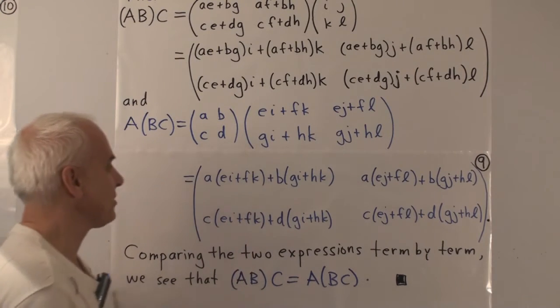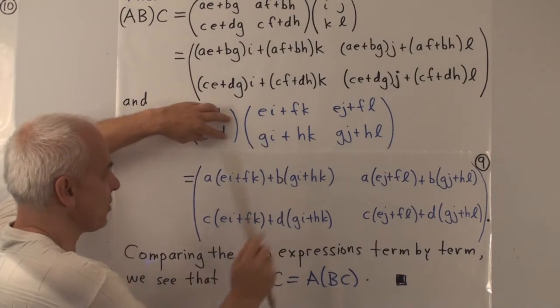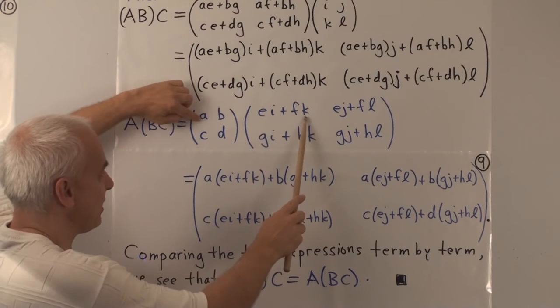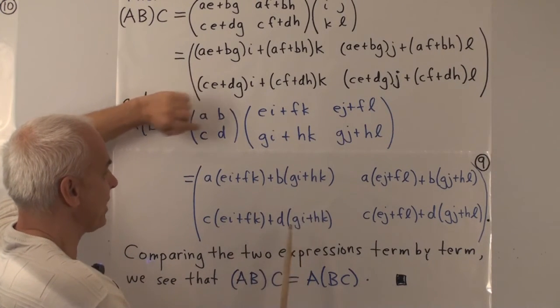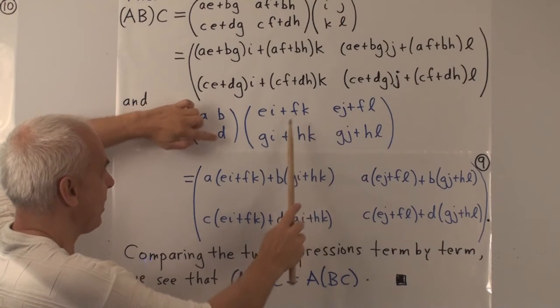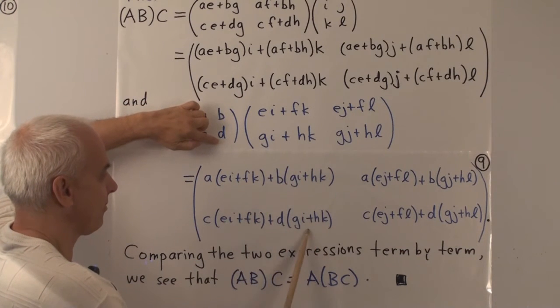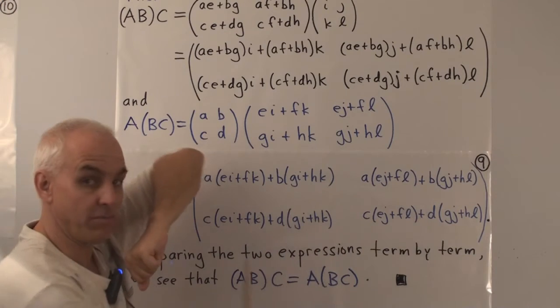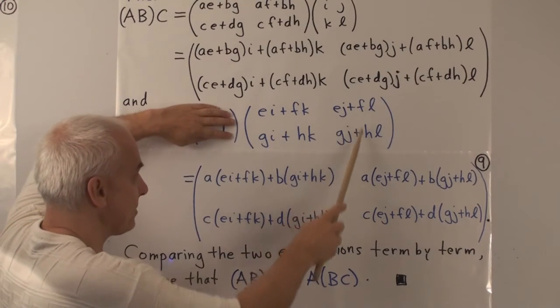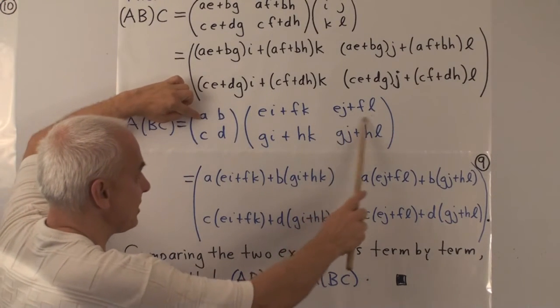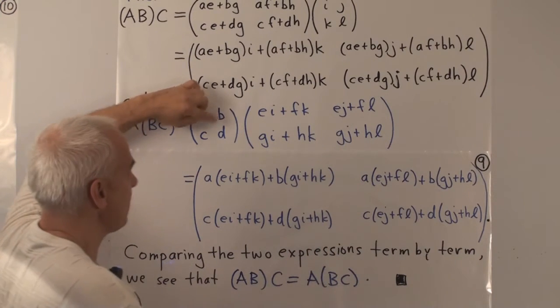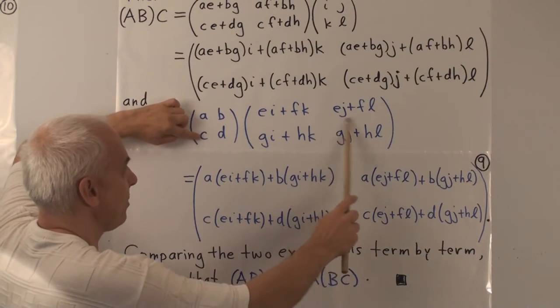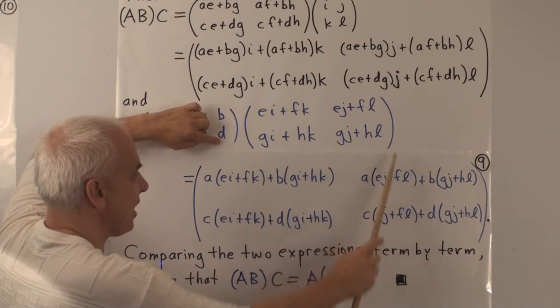The first column is obtained by taking this matrix times the first column: A times this plus B times this. And the second entry, C times this plus D times this. The second column is obtained by taking this matrix times the second column: A times this plus B times this. I've written it there. And below it, C times this plus D times this.